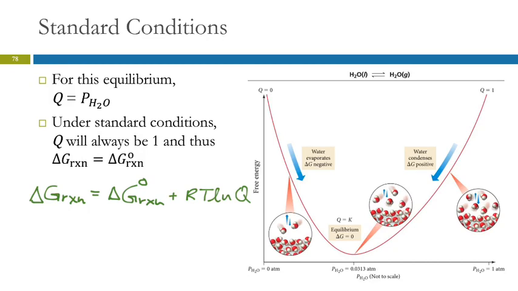It's 0. So if this is 0, then delta G equals the standard delta G. Okay? So that's what we've got going on here.